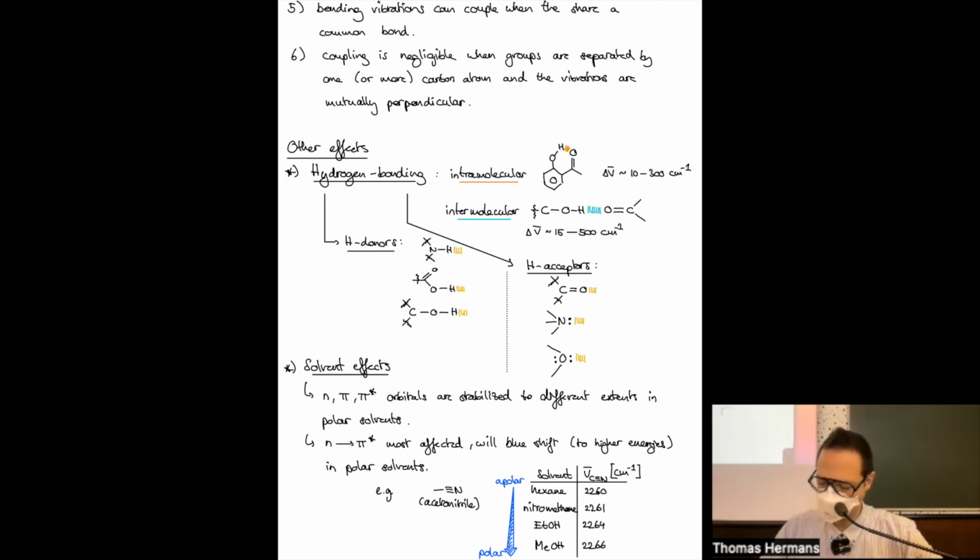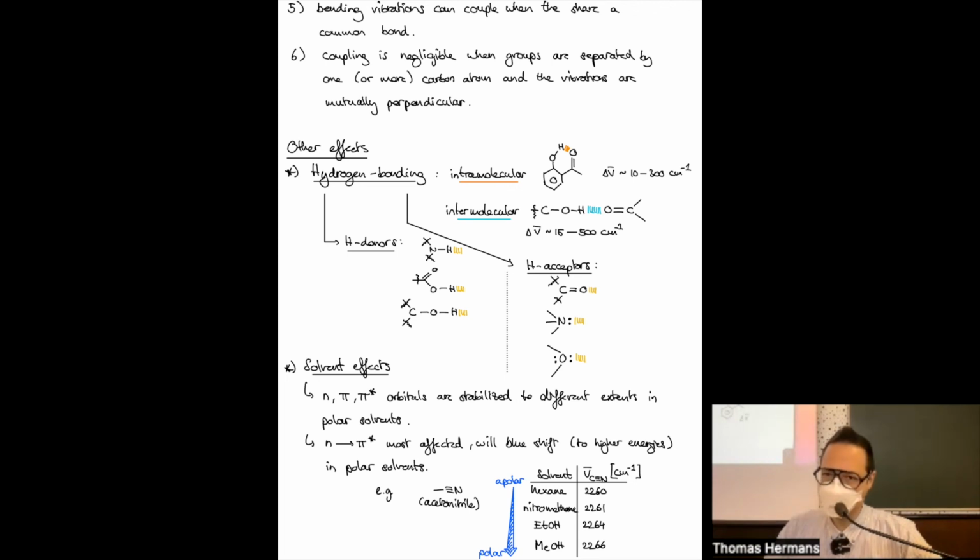So for example, I have a compound like this, and I have a carbonyl, and I have next to it an alcohol. Then I can have a hydrogen bond that forms here. Right? And so this hydrogen bond will change the stretching vibration, for example.